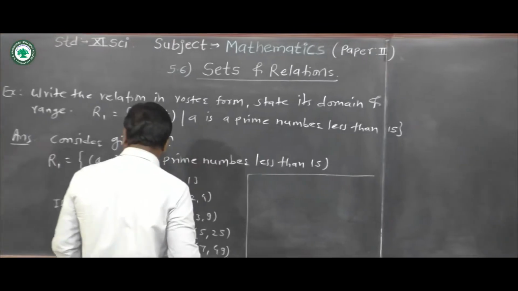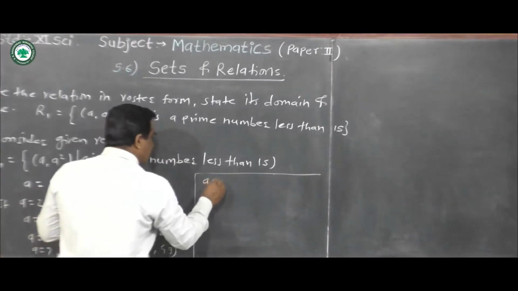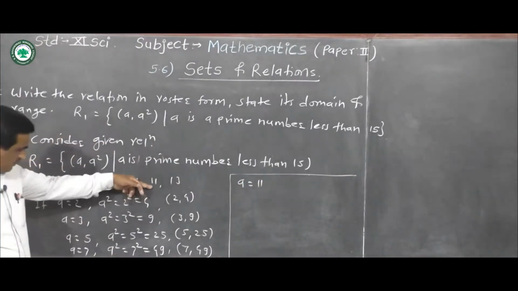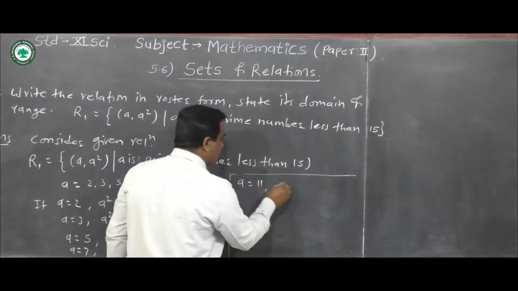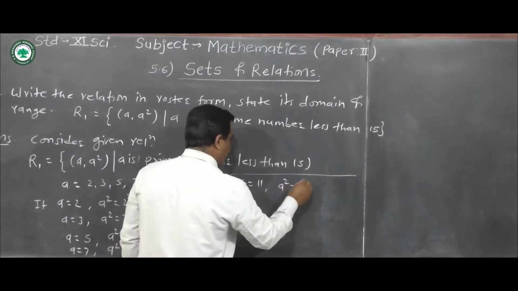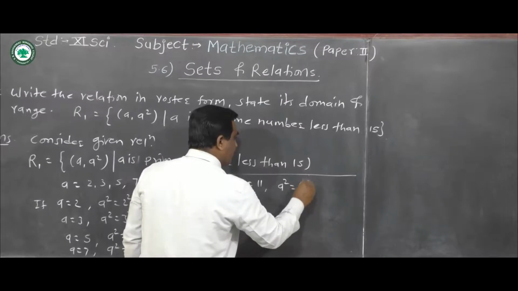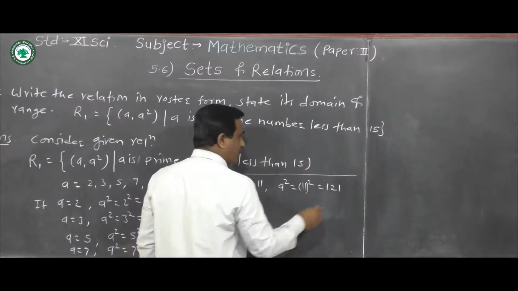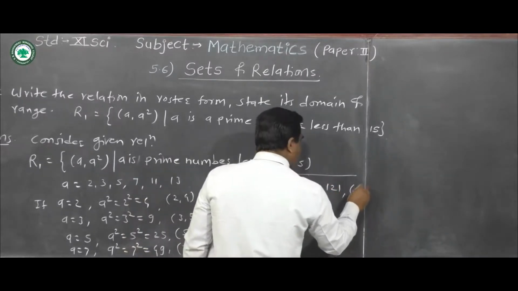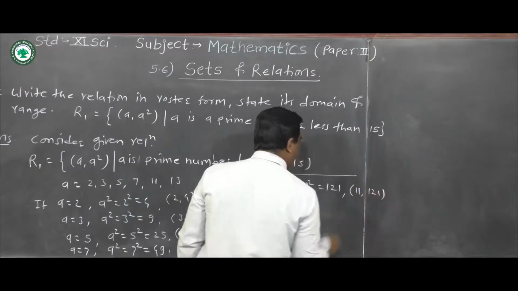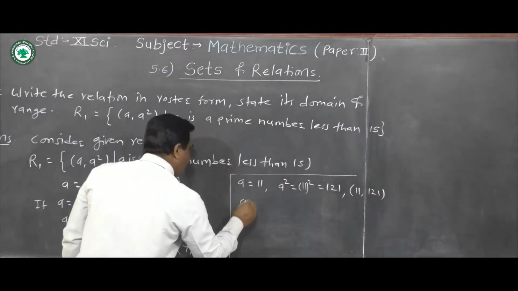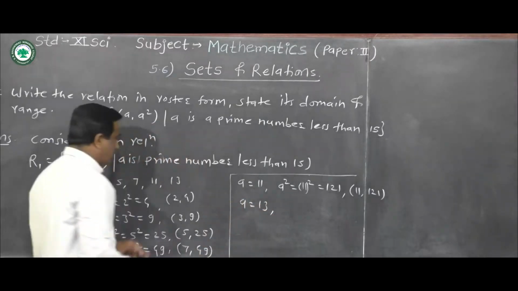Now further we take the prime number 11. Then A square is equal to 11 square is equal to 121. That is, we get the ordered pair 11, 121. And the last value, A equal to 13.